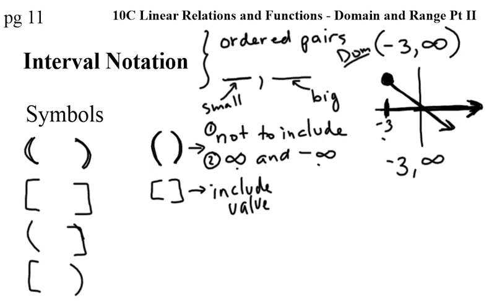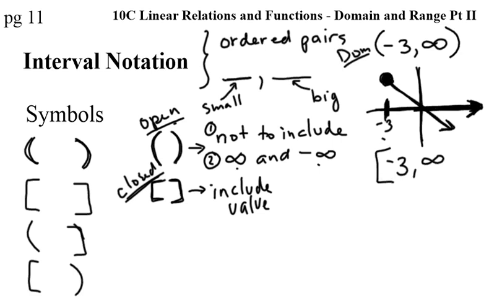So, round brackets, also referred to as open brackets. Square brackets, referred to as closed brackets. Open, don't include. Or positive, negative infinity. Closed brackets, square brackets, is if you're including it. So like I said, back to the example here, -3 this time is included.